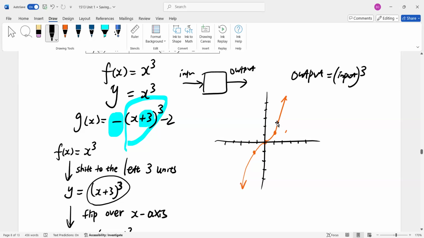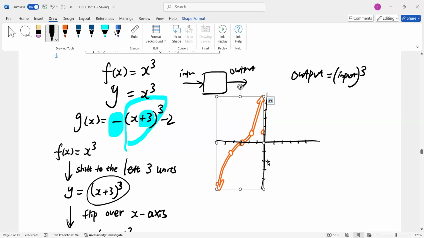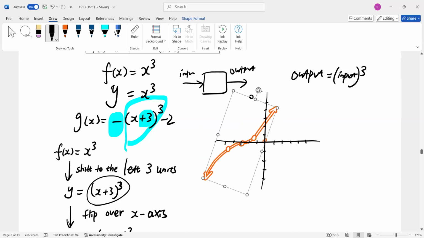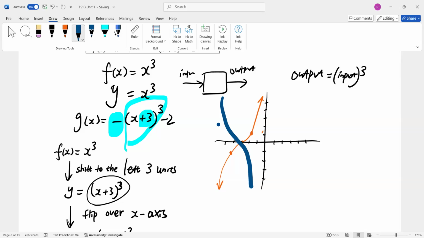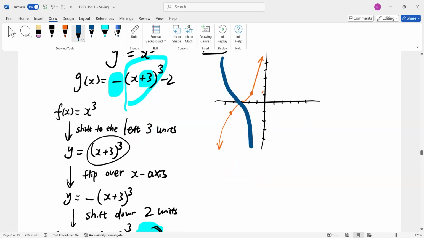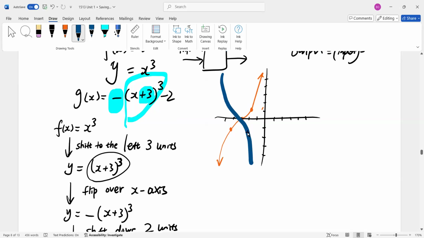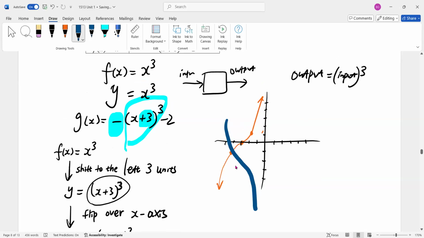So we shift to the left 3 units and flip over the x-axis. So how do you flip over the x-axis? Flip over the x-axis is gonna be like this, guys. And then shift downwards 2 units. This piece goes downward 2 units. And like that.